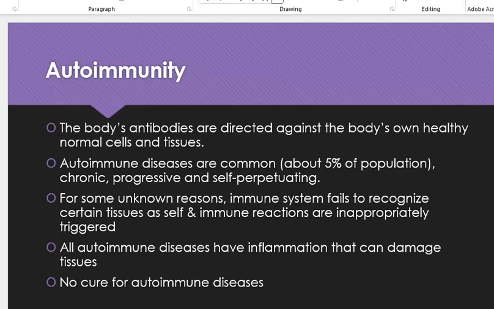All autoimmune diseases have inflammation that can damage tissue, and also cause increased cell growth of skin, which is what you see in psoriasis. Some medications that might be given to help with that would be corticosteroids.